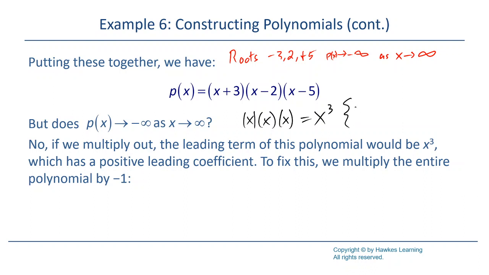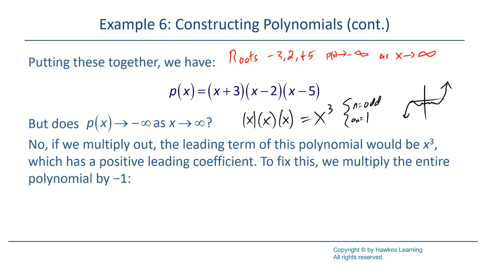So remember, this is n is odd, and a sub n is equal to 1. So this is odd with a positive leading coefficient, which means it's going to do something like this. But notice as x goes towards positive infinity, this function goes towards positive infinity. That's the opposite of what we want.